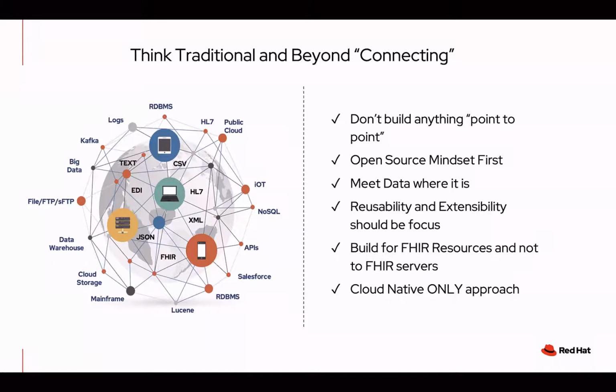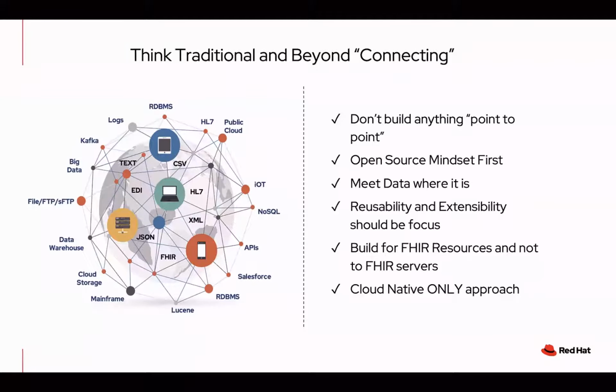The other thing I'll always say is make sure that when you're building things, build for the resource and not for the FHIR server. So often what I see is companies choose a product, it's going to help us do this. Everything they do is around that product. And all you've done is move technical debt from many places into another product and another capability.